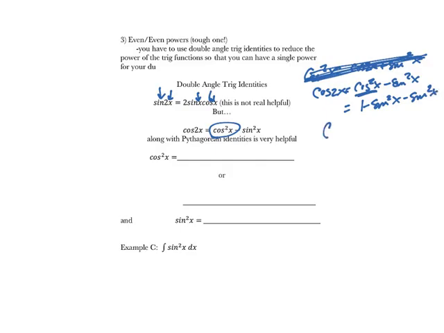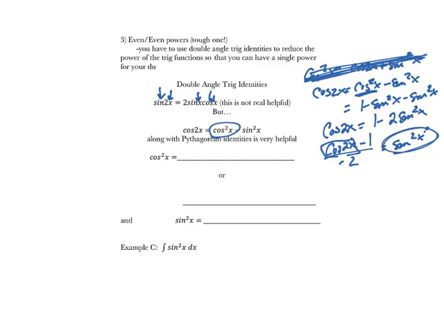So I can say that cosine 2x is 1 minus 2 sine squared x, or that cosine 2x minus 1 over negative 2 is sine squared x. Now I feel like I'm getting somewhere because I want to get sine squared x to not have an exponent, and look what happens there.